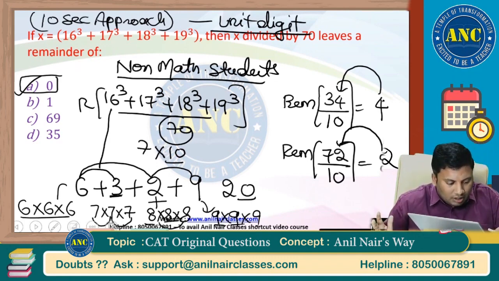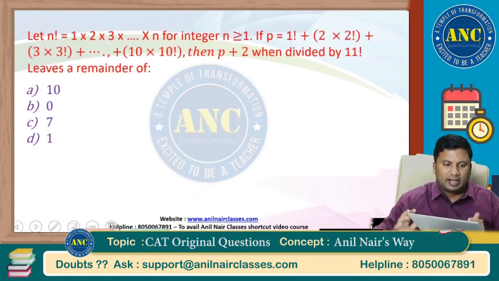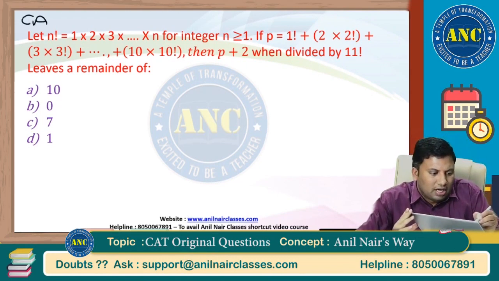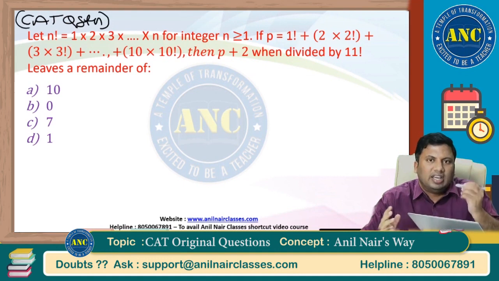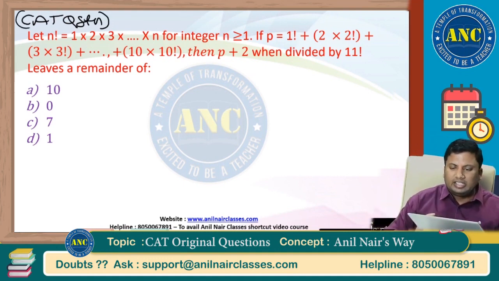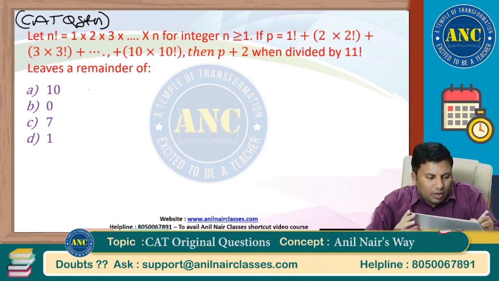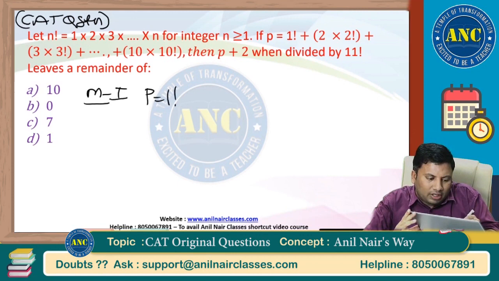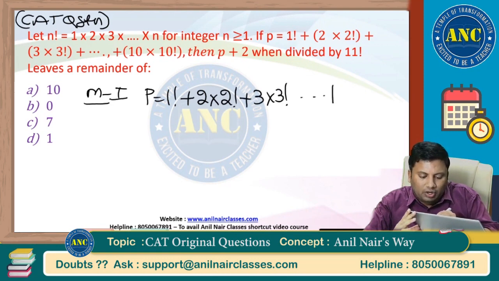Now, another question, the second one. See here. Again, it is a CAT question. Anybody who is preparing for CAT, in case you got the previous year CAT question papers, you can check it out. It is a previous year question. Method 1: 1 factorial, 2 into 2 factorial, 3 into 3 factorial, up to 10 into 10 factorial.